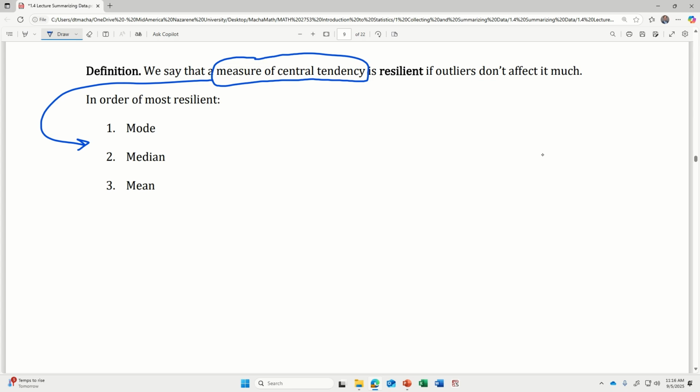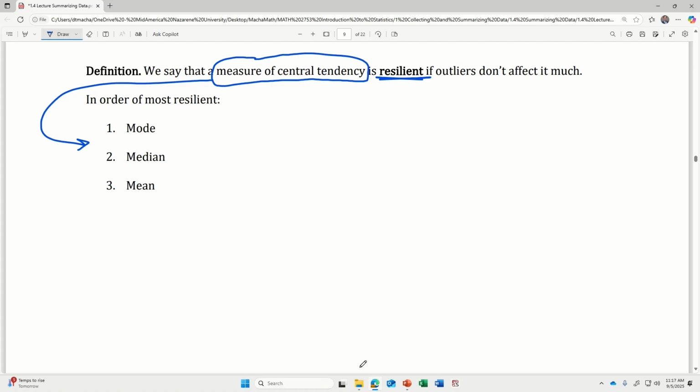Now, the other new word is resilient. We say that a measure of central tendency is resilient if the outliers don't affect it. The mode is the least affected by outliers. The median is, again, very much not affected by outliers, and the mean is the most affected by outliers.